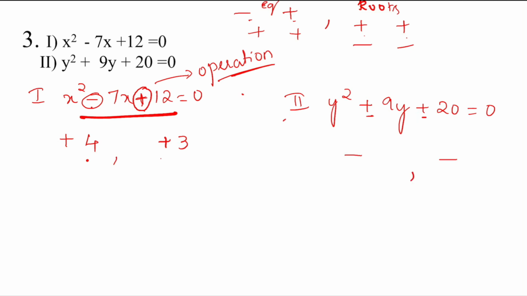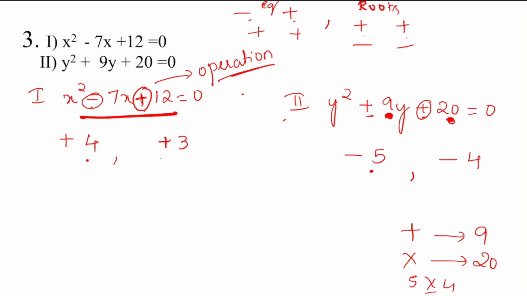Next, the second symbol is plus. So if we add, we have to get 9, and if we multiply we have to get 20. Such two numbers we have to search. We get 5 4s is 20, and 5 plus 4 is 9. Therefore write the bigger number first, then the smaller number. So minus 5 and minus 4 are the roots of this second equation.